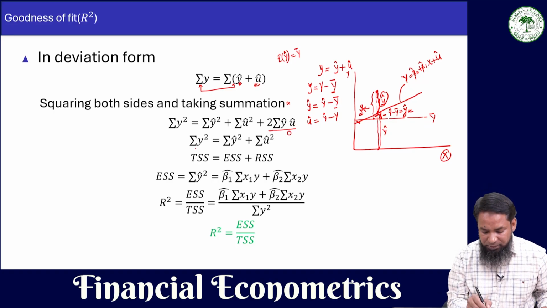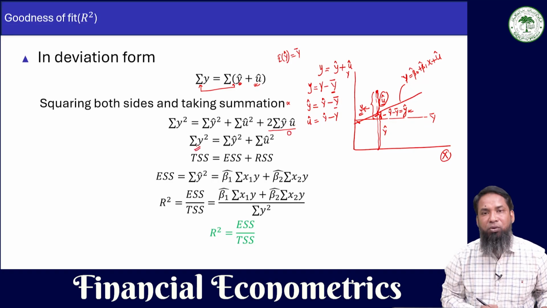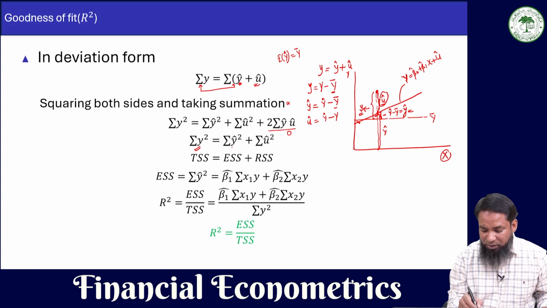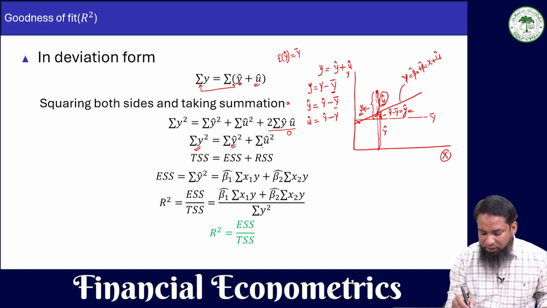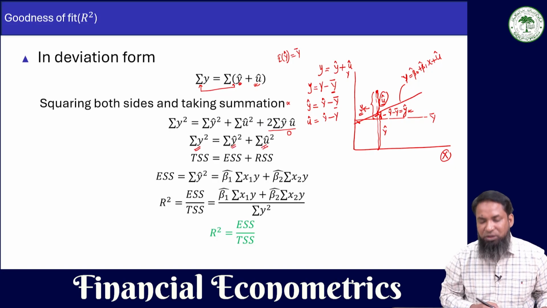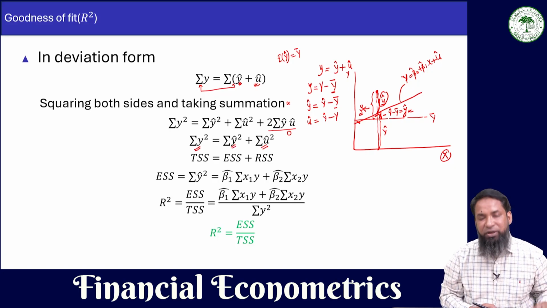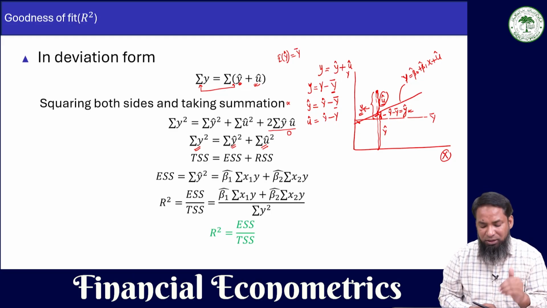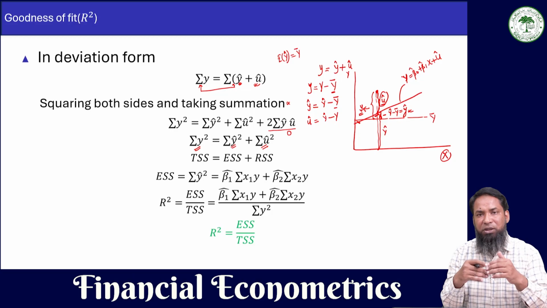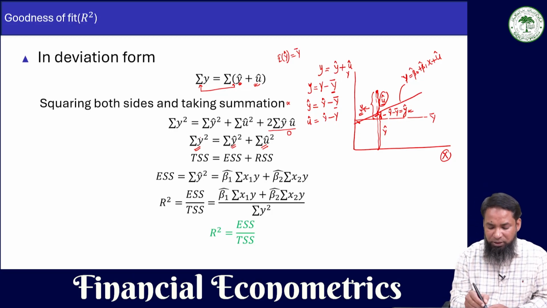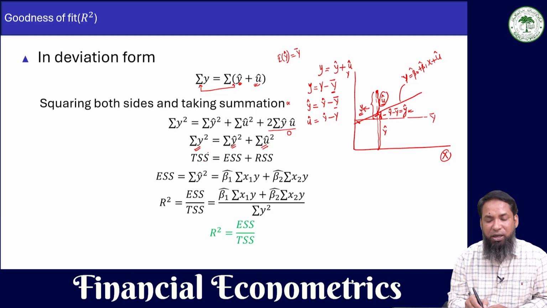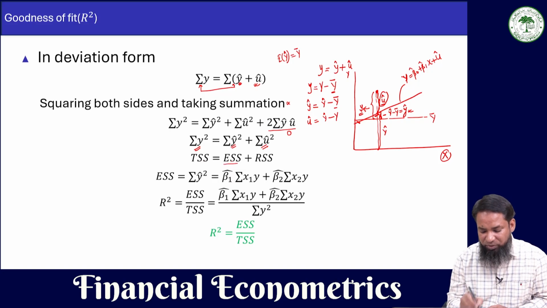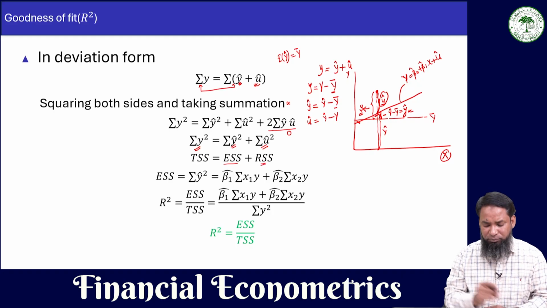So in that case, the total variation is nothing but the variation which is being explained by the regression line, and another term, which is the variation which is not being explained. So here we have the specific nomenclature: the total sum of squares is equal to the explained sum of squares plus the residual sum of squares.